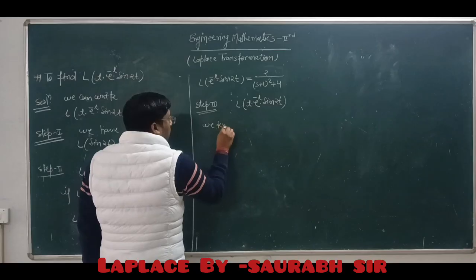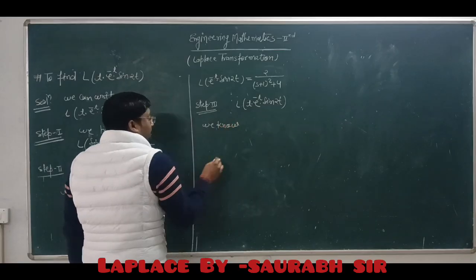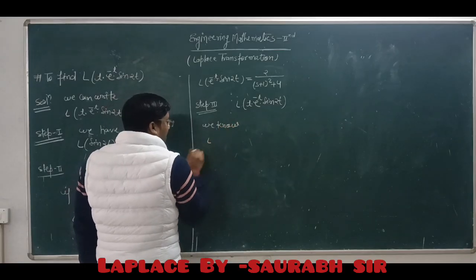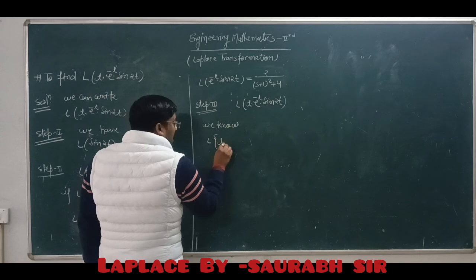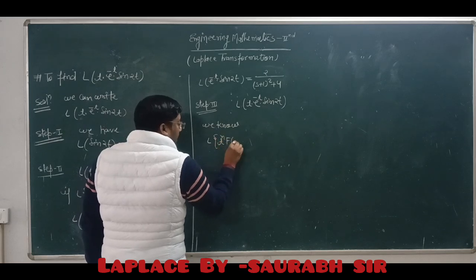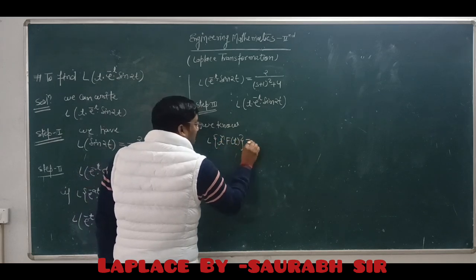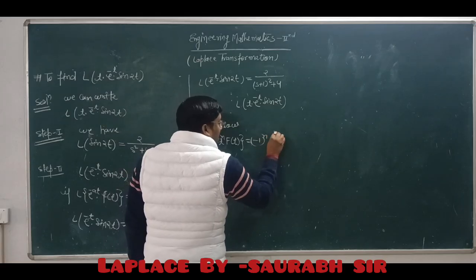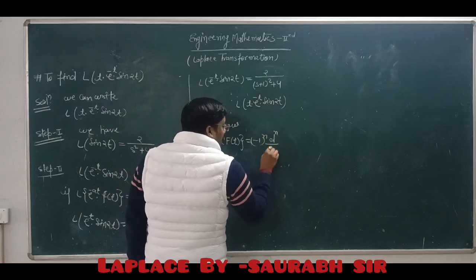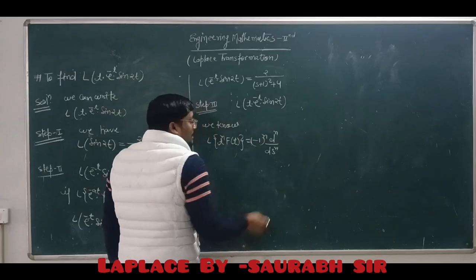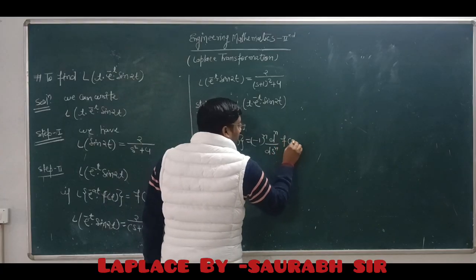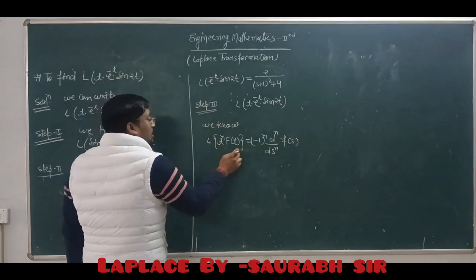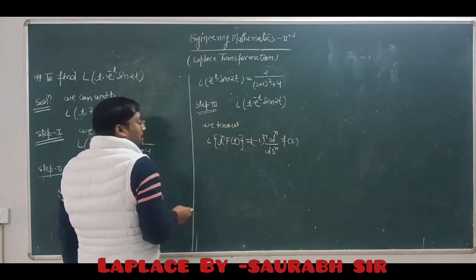We know L of t to the power n ft is equal to minus 1 to the power n d to the power n upon ds to the power n into f of s. Now the conclusion is used for this.